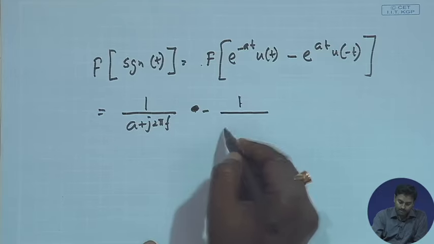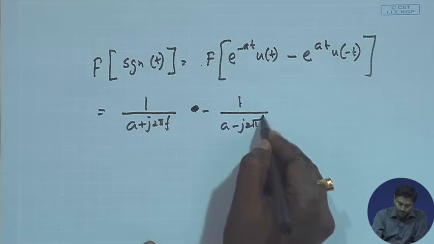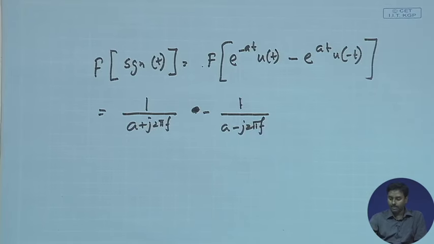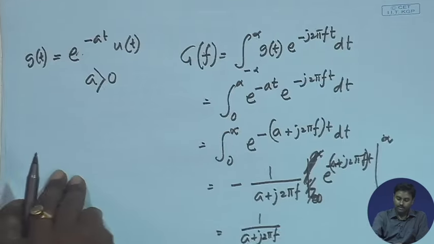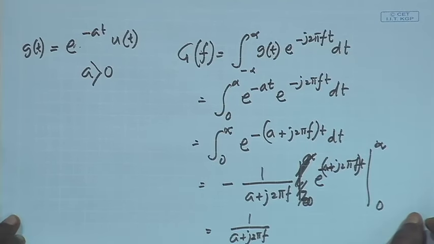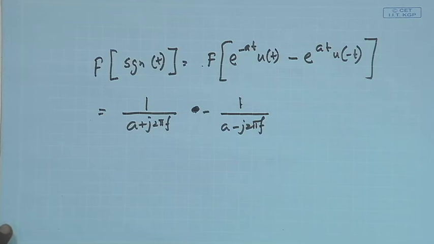And then if you evaluate that, what you will get is this one. Take that as homework, you will be able to evaluate this from fundamental principles, as we have derived this one. Similarly, you will be able to derive for e to the power a t u(minus t). That is pretty easy. So, if you do that, you will be getting this.